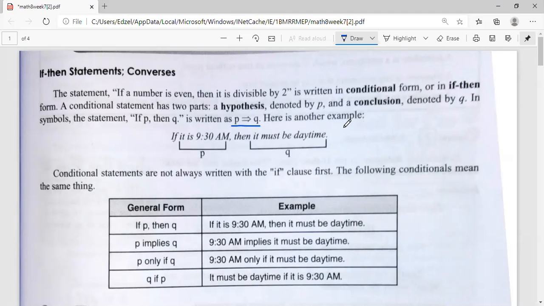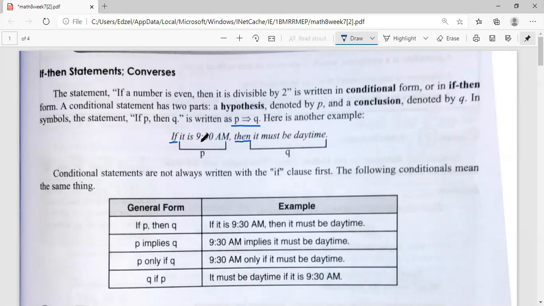So, bigay tayo ng another example. Now, this is an example of if-then statement. Kung napapansin nyo, merong nag-start ng if, condition. So, we call this statement conditional.